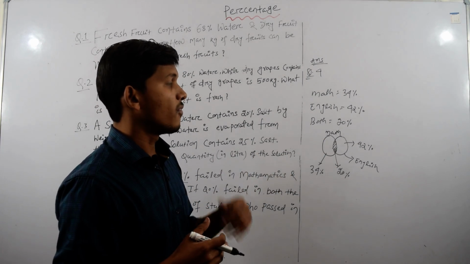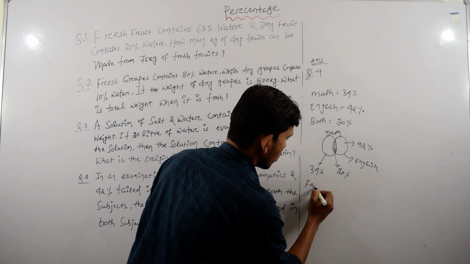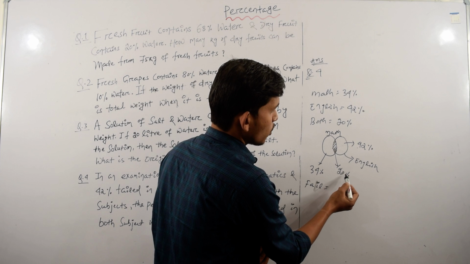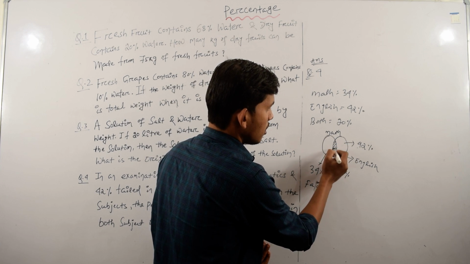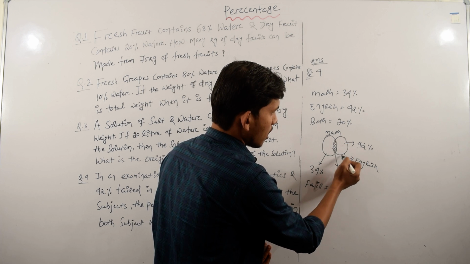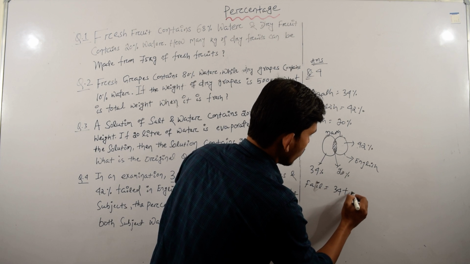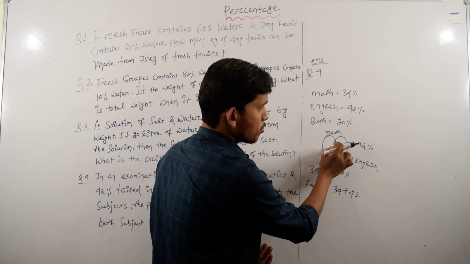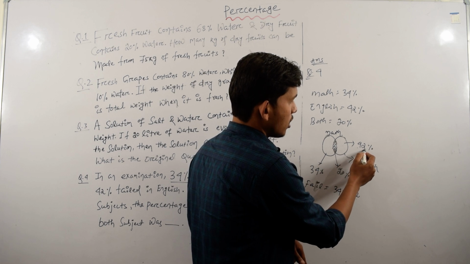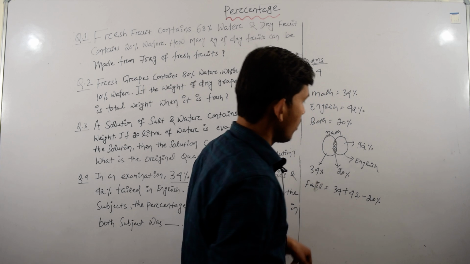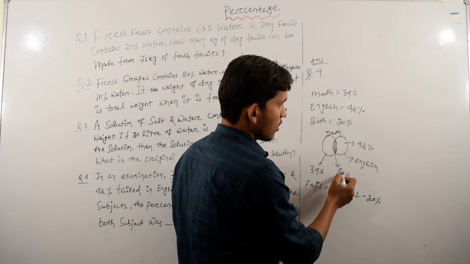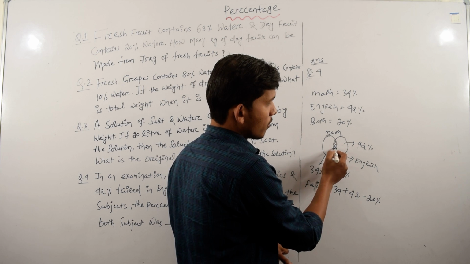We have to calculate how many students failed in total. Look here, 34, here 42, and here 20, that is common to both. This circle is for math, this circle is English. So 34 is this total, 42 is this total. Students who failed, so we take 34 plus 42. But you have to minus this part because this part is common for both subjects, because this part is included in 34 and 42. That's why I am minusing this part. Because 34 is this total part, that's why I am minusing the common part.